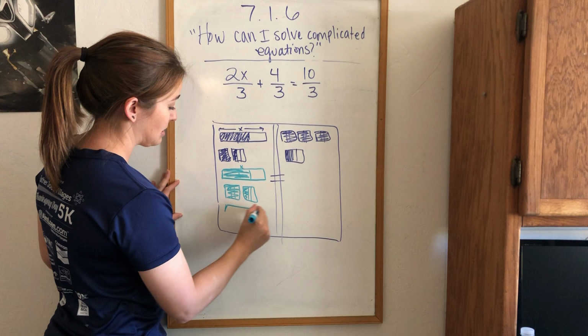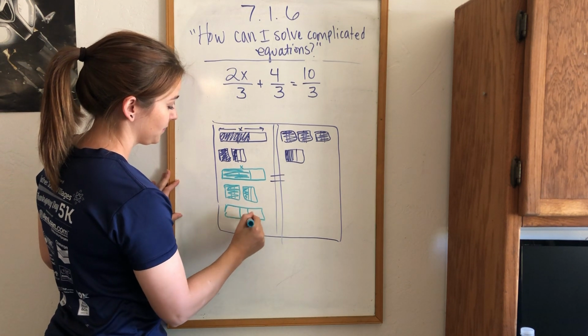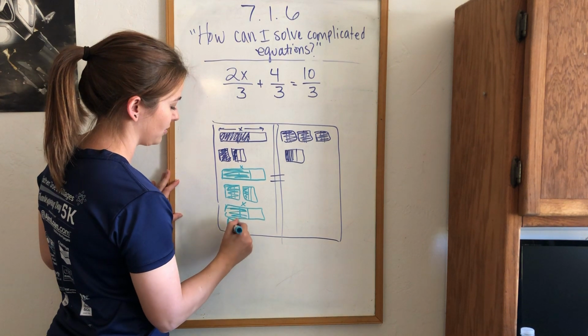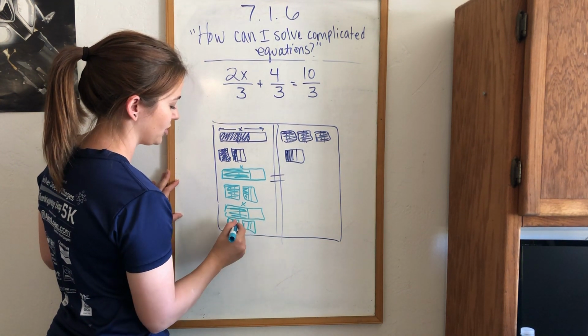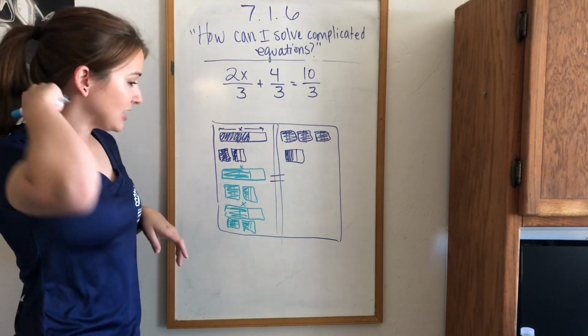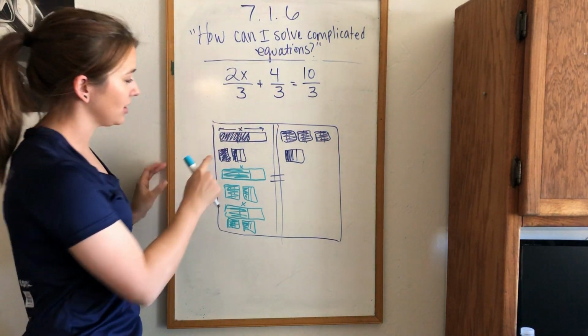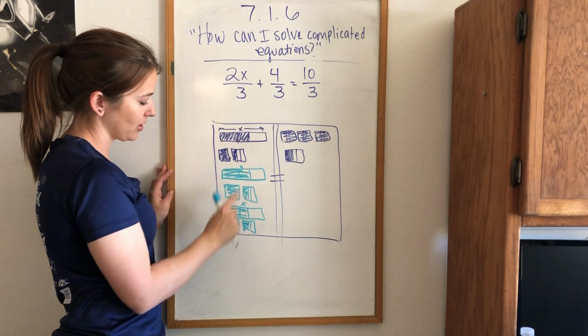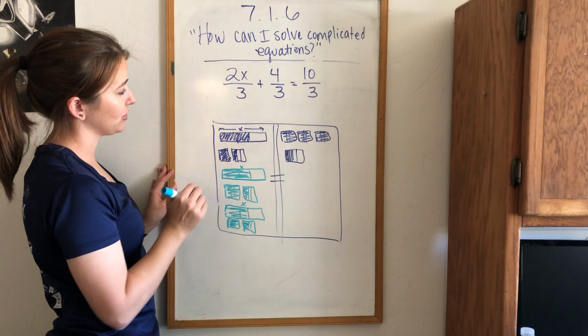Let's do one more set. Shade in 2, and that's the whole x, and then shade in 4. All right, so now if I count up my total thirds that I'm left with here, with my bars, I'm left with 1, 2, 3, 4, 5, 6. So I'm left with 6 thirds.